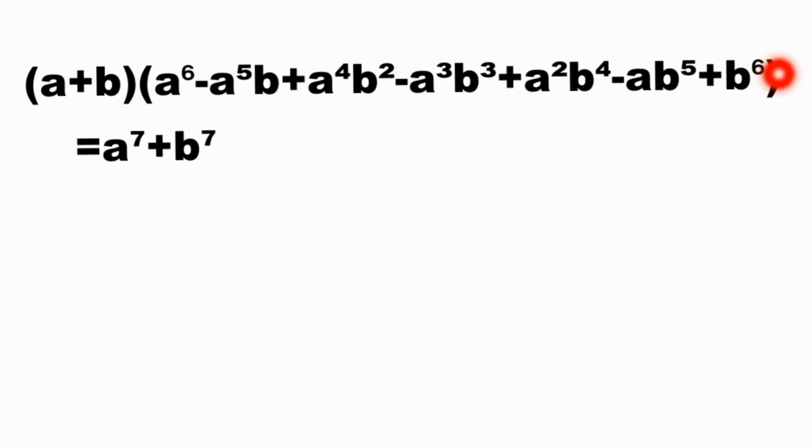And that may be a very long polynomial, but the answer is similar to here, just 2 terms. That's it for the topic of the sum of 2 odd powers.